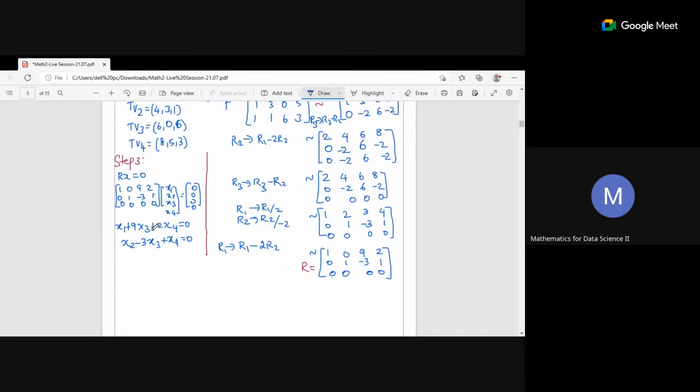Okay. So here if we can put some values for x3 and x4, then you can find a solution for this space. So for example, if I am taking x3 equal to 1 and x4 equal to 0, then what about x1 and x2? Can you tell what is x1 in this case?